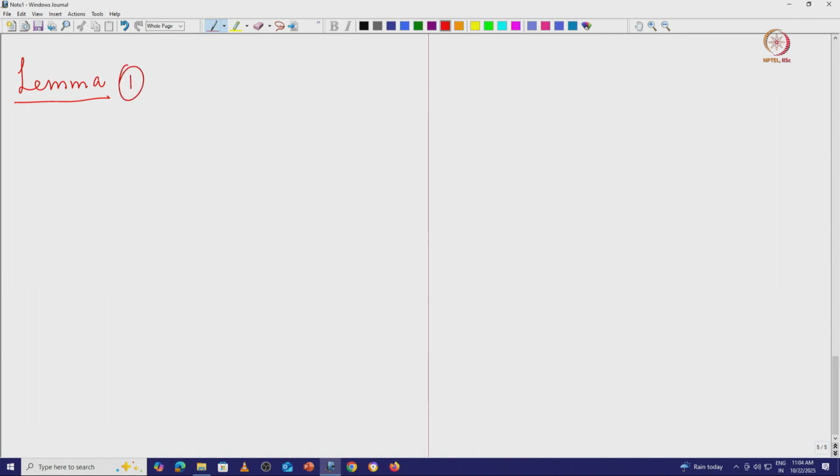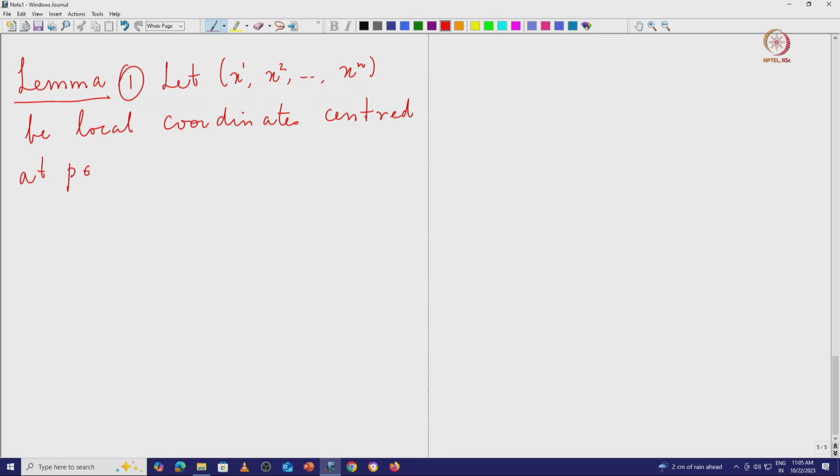It has two parts. So let x1, x2 up to xn be local coordinates centered at some point P in M. Then our curvature tensor has an explicit expression in terms of the Christoffel symbols.